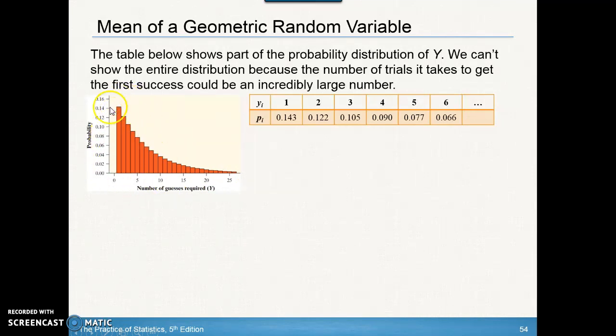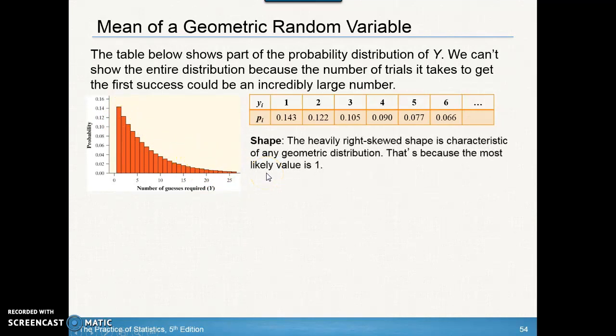So our successes on the first trials are going to be larger, and as we increase the number of trials, the probability of getting the first success way down the line is going to get smaller and smaller, which means this distribution, no matter what we do, is always going to remain right skewed. It's heavily right skewed. All geometric distributions are going to be right skewed, and the most likely value is 1. The probability of getting your success on the first trial is the highest because you're not multiplying any other decimals before that.